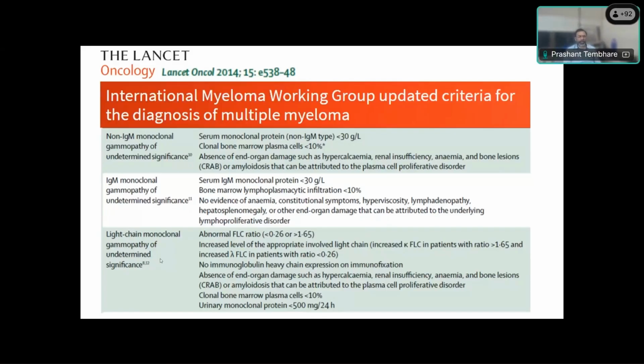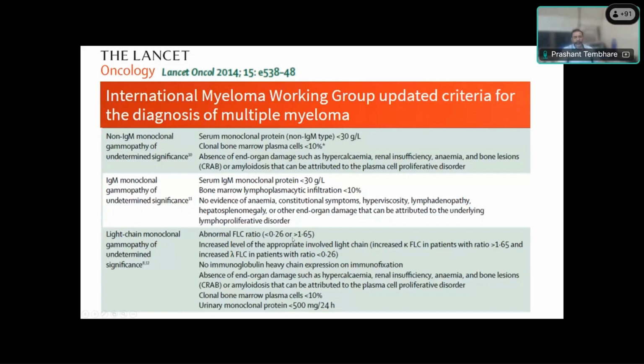Where you do not have M protein, or even if the M protein is there, it is very low level, but there is a sufficiently high light chain, with a free light chain ratio of more than 100. So in correlation with light chain myeloma, you can also have light chain MGUS, where you have an abnormal free light chain ratio.